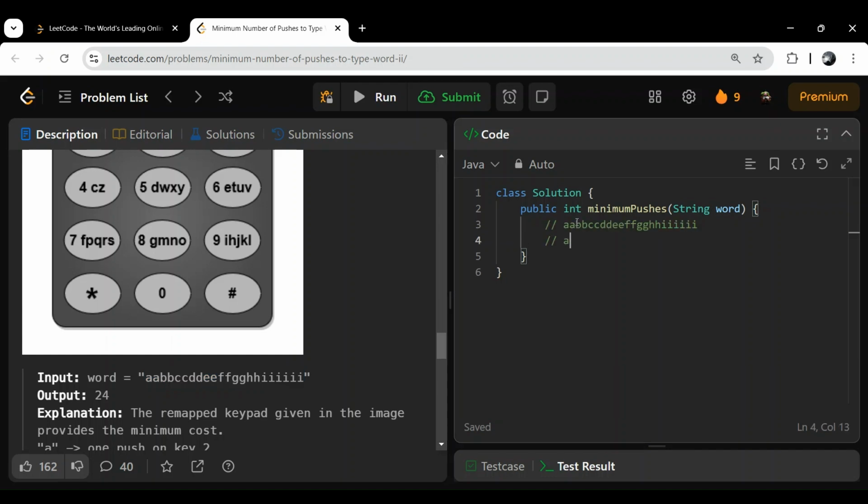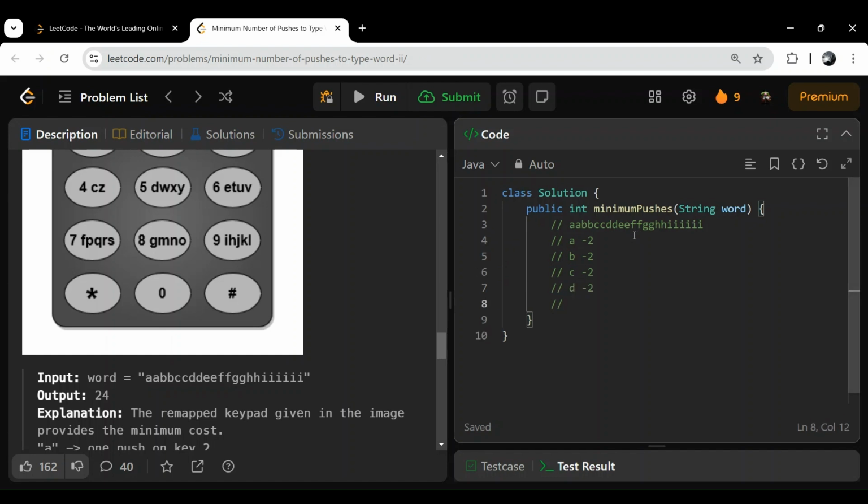If you see this example, we will count the number of A's: 2, B's: 2, C's: 2, D's: 2, E also 2, F 2, G 2, H also 2, and I has 6.